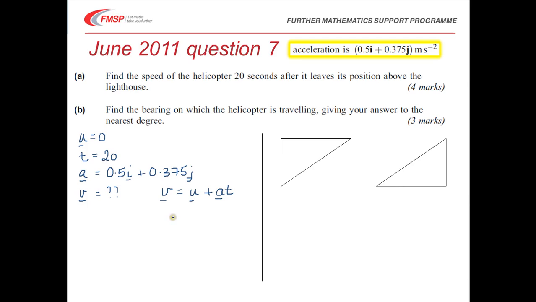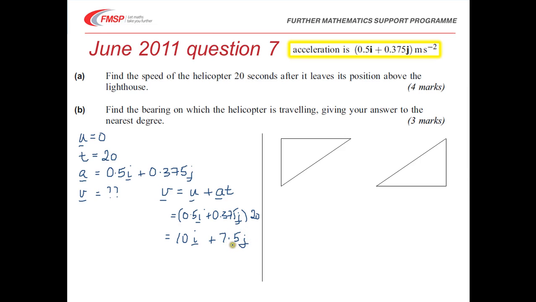So that's the equation that we're going to use. u is 0, so all we're going to do is take this acceleration vector 0.5i plus 0.375j, and multiply it by 20. And if we do that, we end up with 0.5 times 20, so that's 10i plus 7.5j.